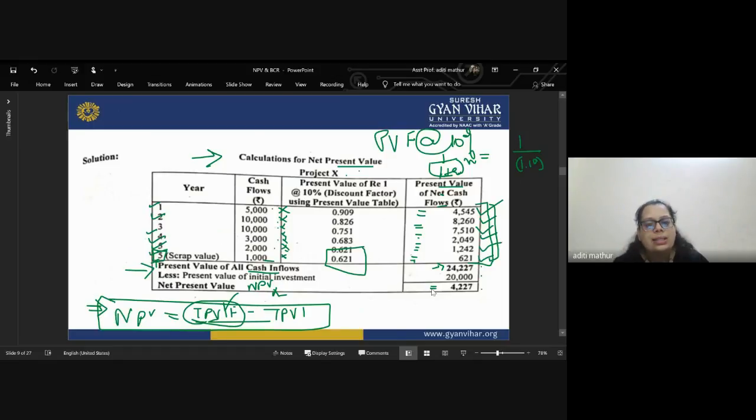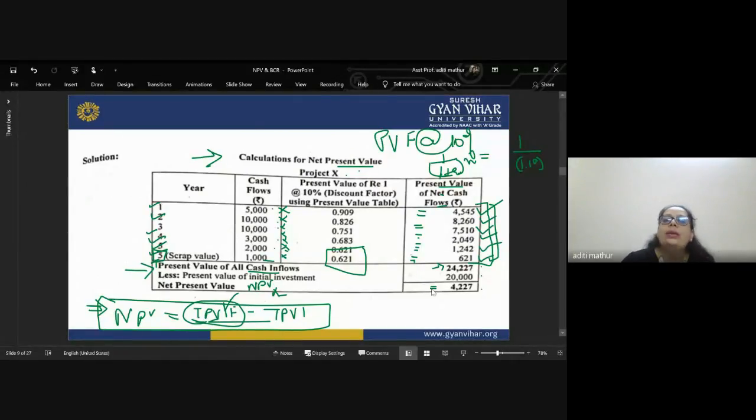Step number 6, subtract it or deduct it with your present value of initial cash outflow, and then you get your final answer or the final output, which is your net present value, right? So this is it. This is how we calculate the net present value.